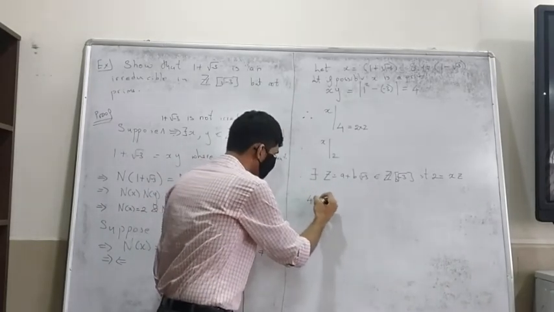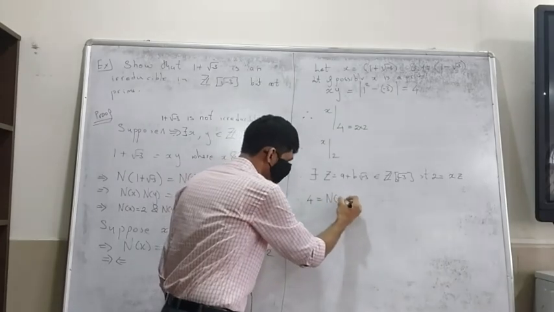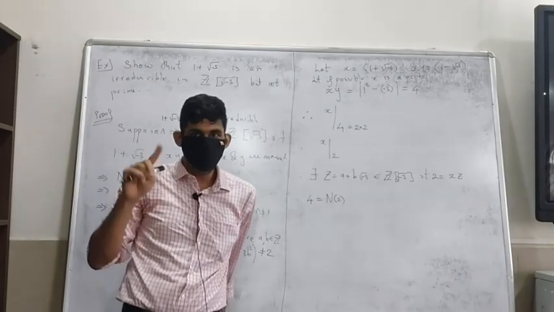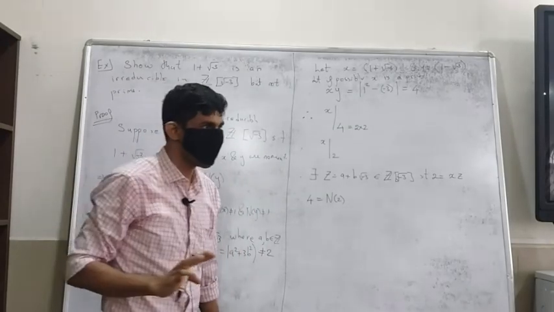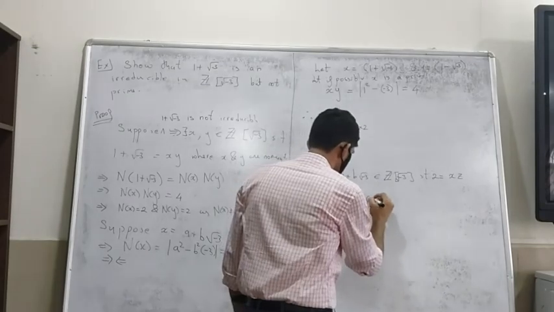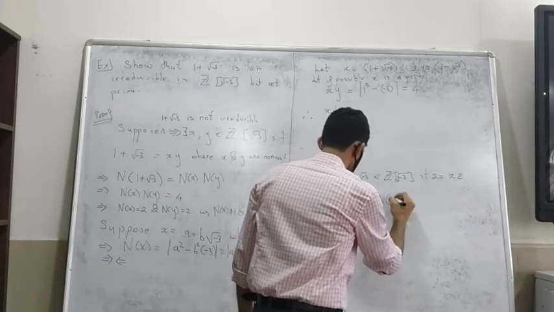So therefore 4 would be equal to N of 2. N of 2 by definition is 4, mod of 2 squared plus 0, 4. So this would be N of x times N of z.